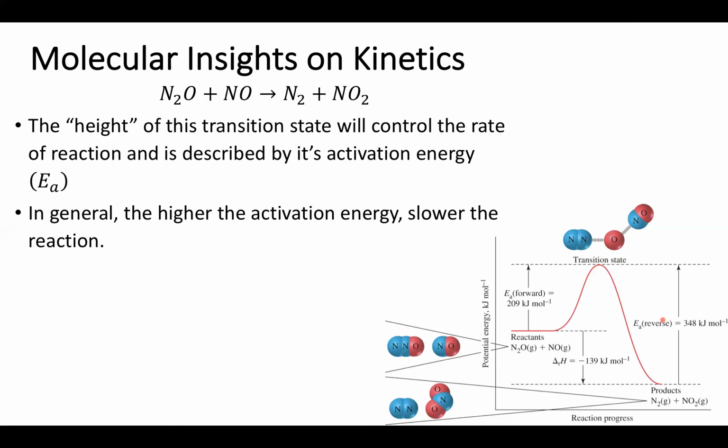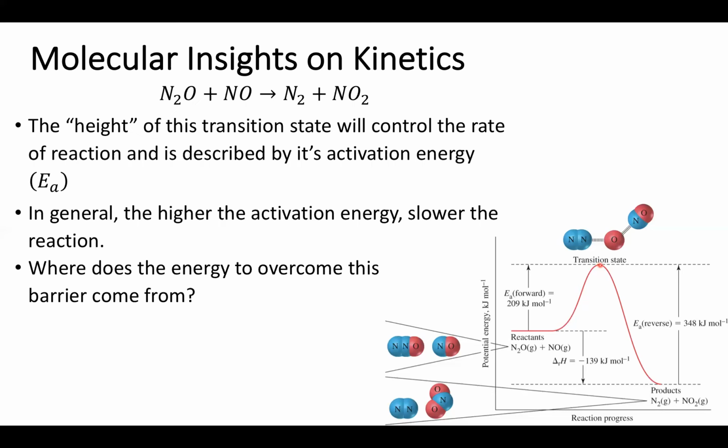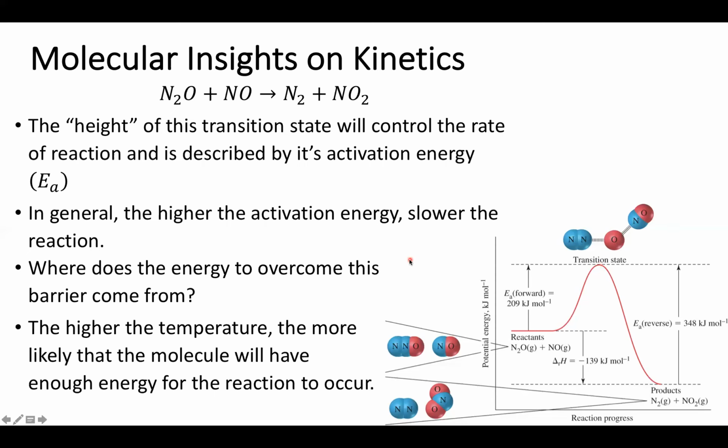But how do I find the energy to get over this unfavorable barrier? Well, it turns out molecules always have some energy built into them. And it tends to reside as temperature. Because remember, way back to kinetic gases, temperature is another metric of the kinetic energy of a gas. The higher the temperature, the more energy a molecule has.